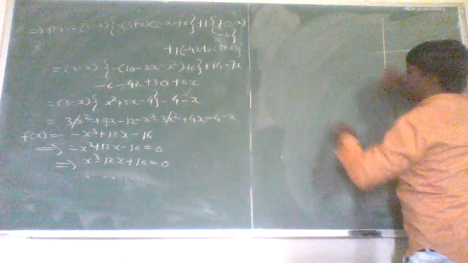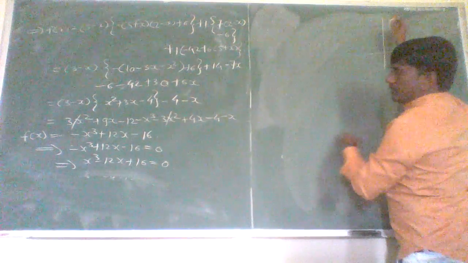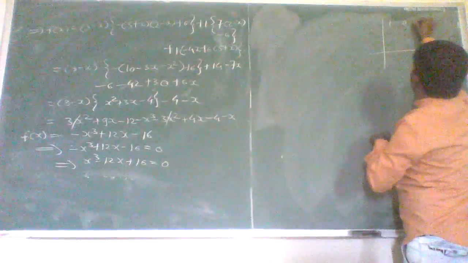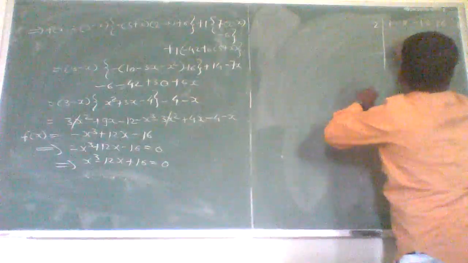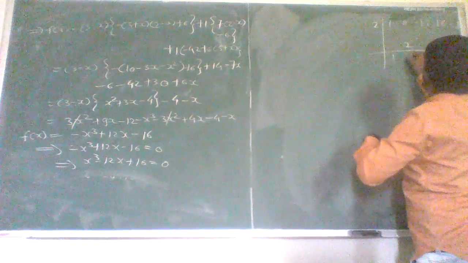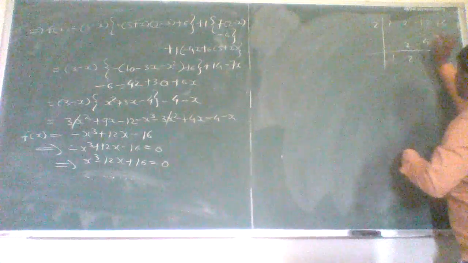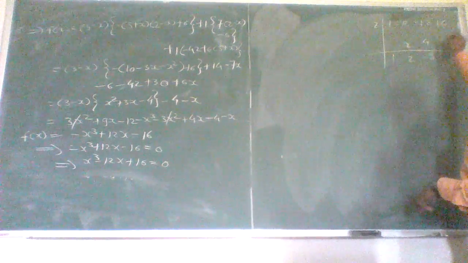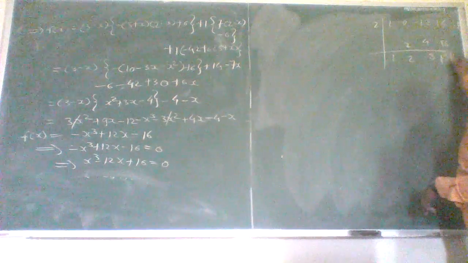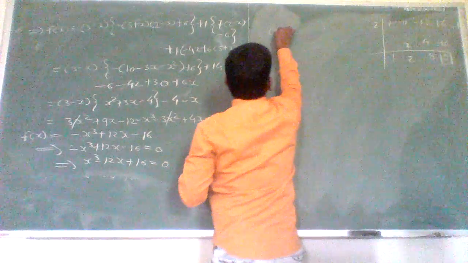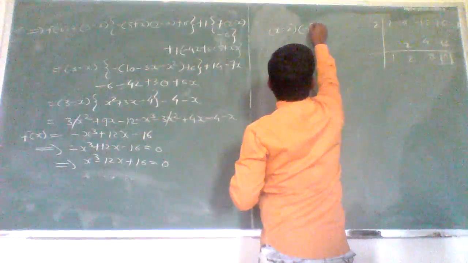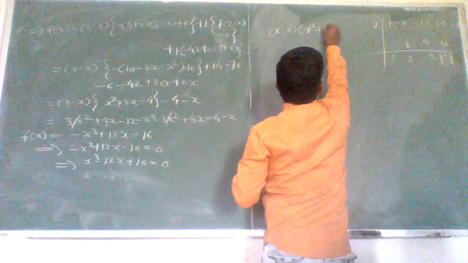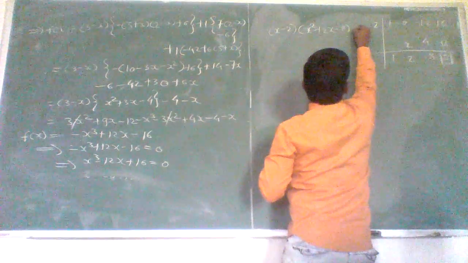Then by the synthetic division method, the coefficients of x cube are 1, there is no term of x square so it is 0, minus 12, plus 16. Now 1 as it is, the first root is 2. 1 into 2 is 2, plus 0 is 2. 2 into 2 is 4, minus 12 plus 4 is minus 8. Minus 8 into 2 is minus 16, which gives 0. So here, (x minus 2) into (x square plus 2x minus 8) is equal to 0.